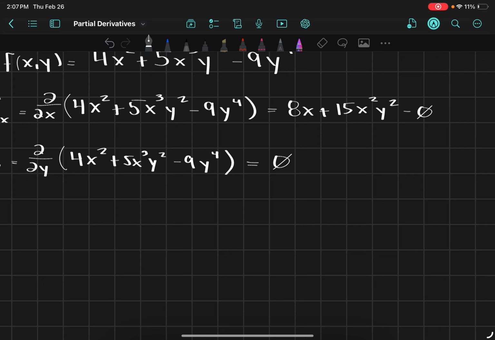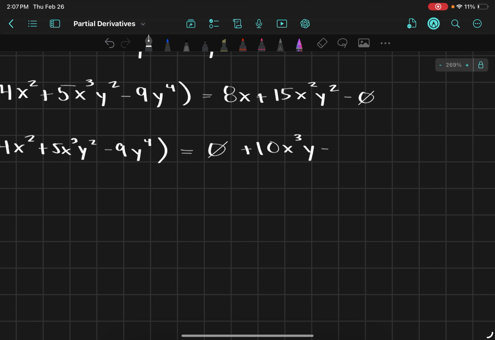The x is just another constant multiplied by that y squared. Therefore, we just do the power rule as usual. We do 10x cubed y minus, Calc 1 right here, 9y to the fourth is just going to be 36y to the third.